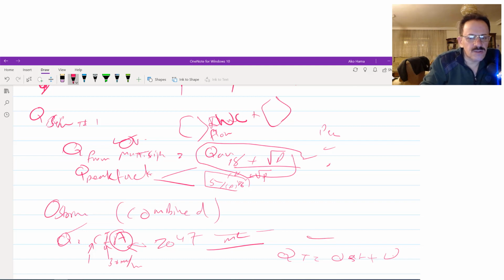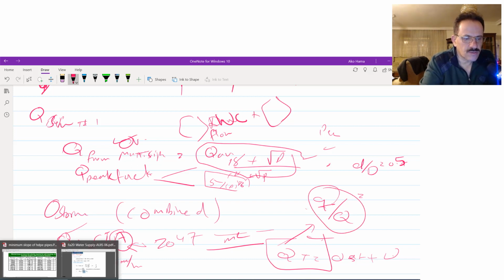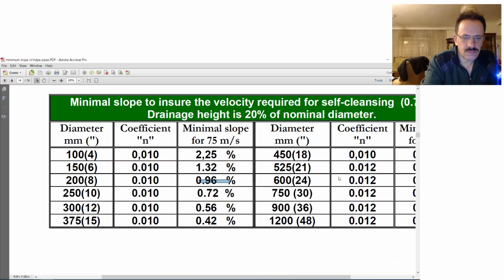Now you have the Q. You have to assume that this is the real Q and the full flow. If I have the partial flow d over D as 0.75 or 0.5, for example, what will q over Q be? We can get q over Q from this equation.